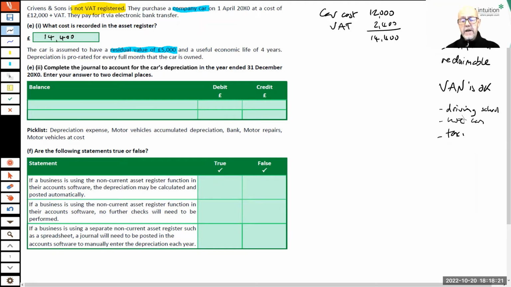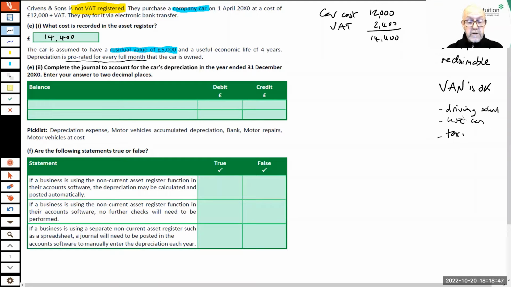On the example I gave on the previous page, the depreciation, we just made a charge each year. But once in a while, you will see a question that says for every full month. So that means whatever the annual charge would be, that's going to be 1/12 of that. So let's have a look.